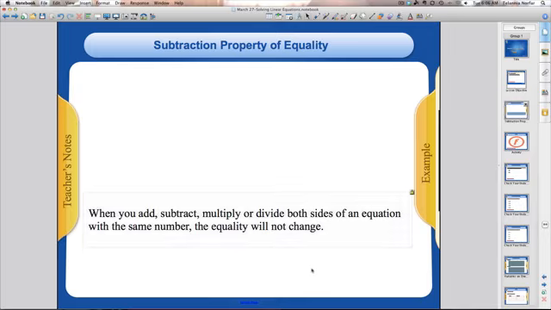When you add, subtract, multiply, or divide both sides of an equation with the same number, the equality will not change. This applies to the subtraction property of equality, addition property of equality, multiplication property. You get the picture. It is when I actually perform that operation to both sides of the equation, it does not change its equality. Unpause the video when you're done writing those notes.